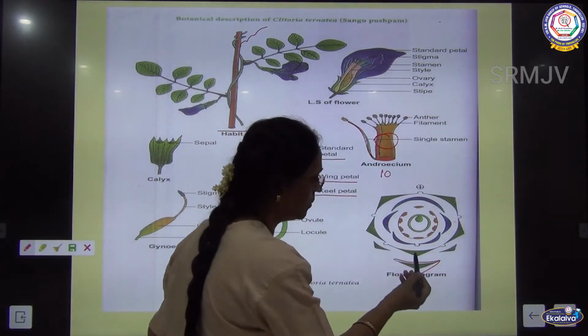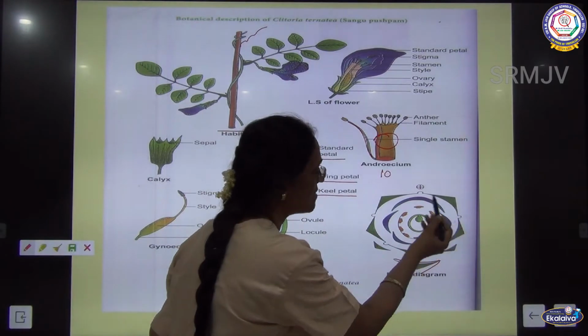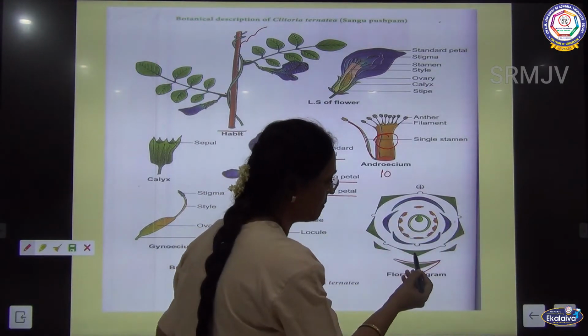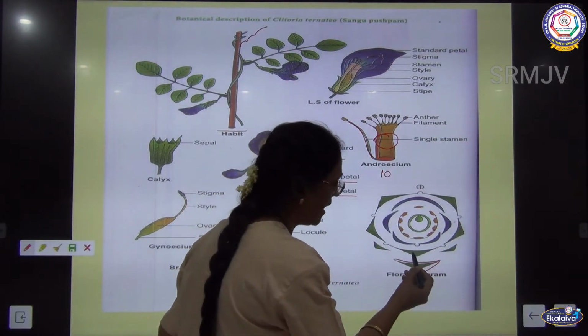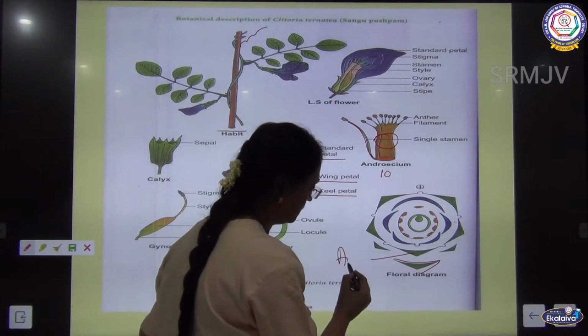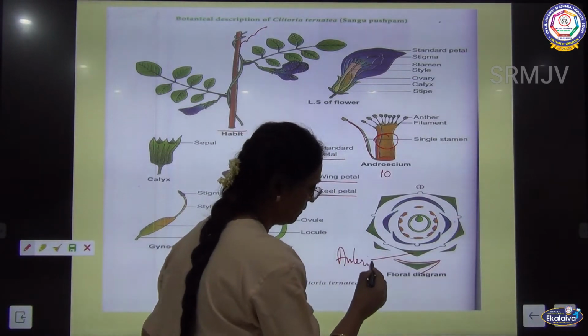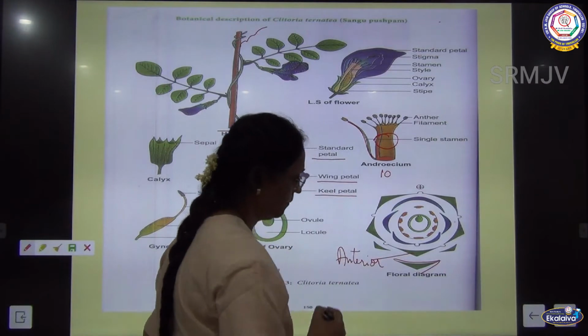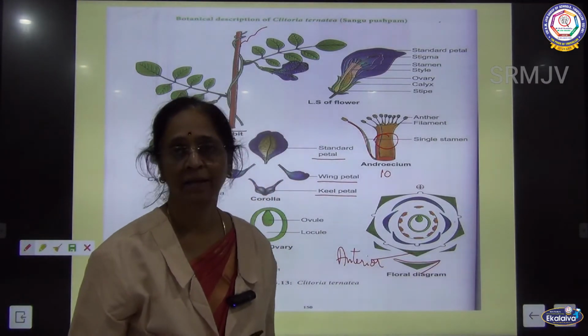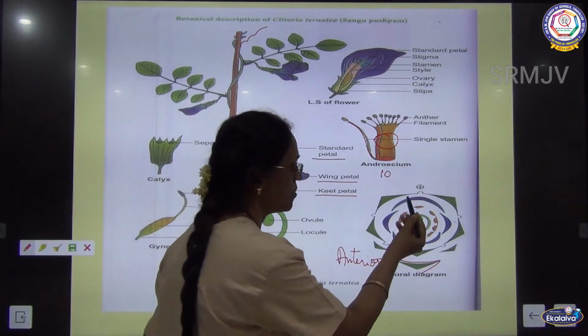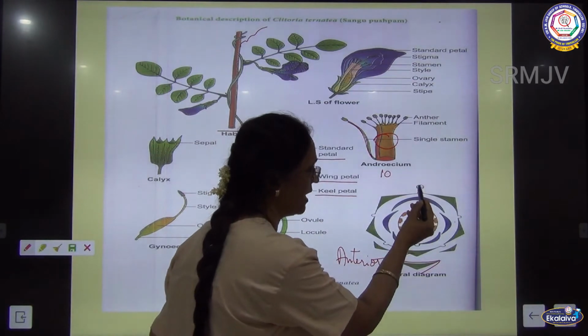And this is the outer whorl, the calyx, and in this calyx, the odd sepal is anterior in position. In Fabaceae, it is anterior in position. So here this is the mother axis.